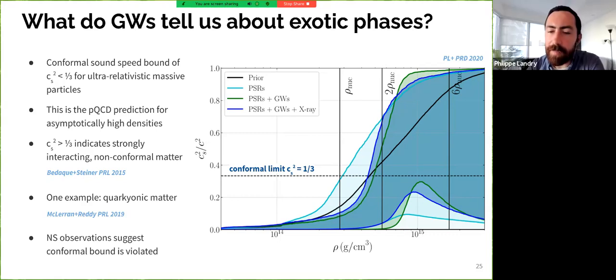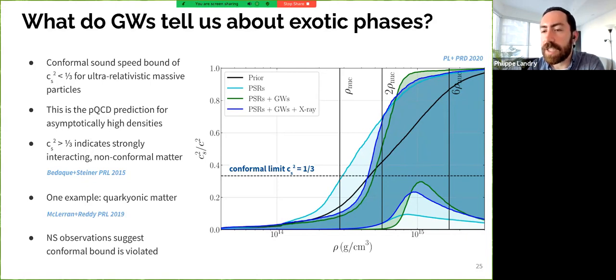Yeah, so let me back up. Here I'm showing the results for my Gaussian process equations of state, but those that come out of the Gaussian process without being conditioned on any observations are inside this black envelope. So they're below this solid black line. And the majority of those do live under this conformal limit.